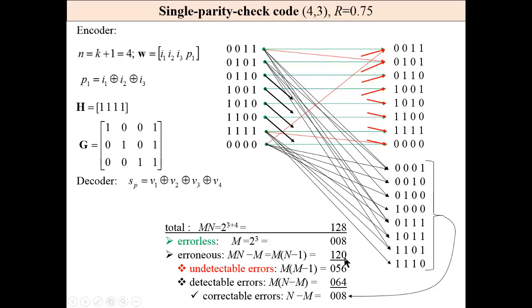Erroneous, the remaining 120. Among them are undetectable errors, when one code word becomes another code word. The number of these undetectable errors is 56, which means that the number of detectable errors is 64, and 8 of them can be corrected using these redundant words.